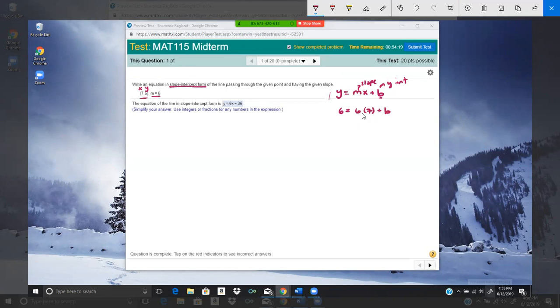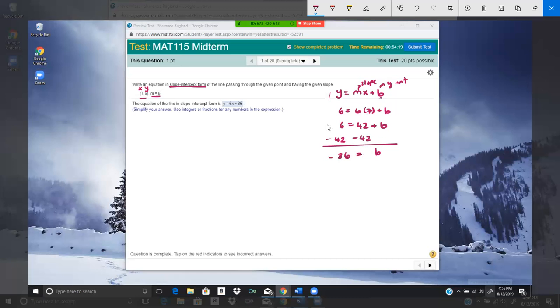Let's simplify. 6 times 7 is 42 plus b, and then solve for b. That means you're going to subtract 42 from both sides, and then b will be equal to negative 36.